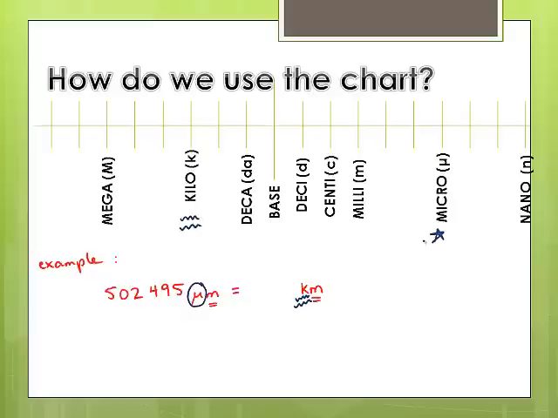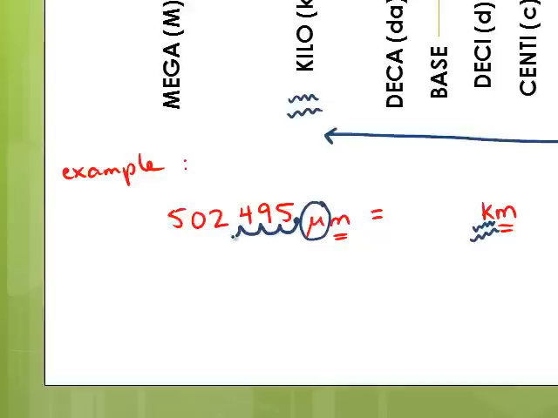So starting at the micro and moving to the kilo unit, I need to move 1, 2, 3, 4, 5, 6, 7, 8, 9 decimal positions. So I'm going to start with my decimal position, which I know is there even though I don't write it. 1, 2, 3, 4, 5, 6, 7, 8, 9 decimal positions.